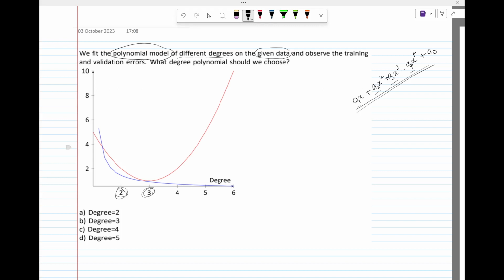While if you look at the red plot, as you increase the degree, first the error decreases and then the error increases. So which plot is the training error and which is the validation error plot?